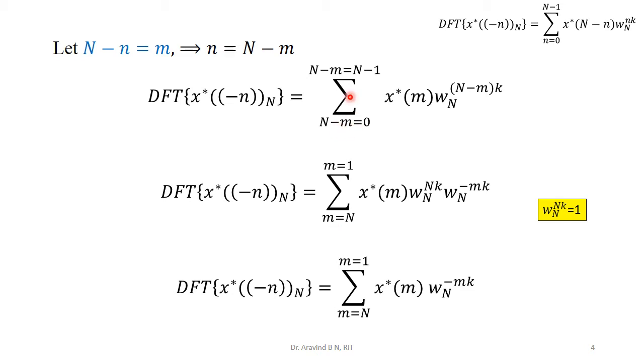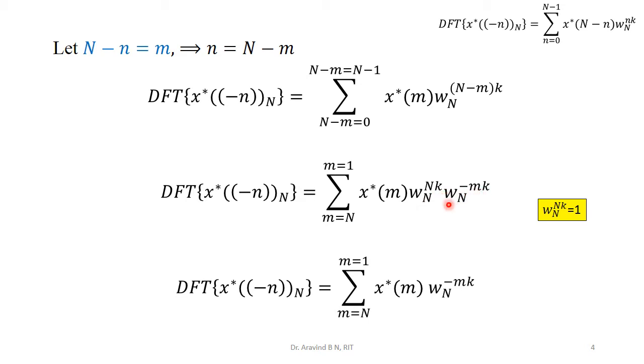After simplifying these representations, we are going to get this one, m is equal to capital N up to 1 x conjugate of m. Expanding this twiddle factor, we are going to get omega N nk into omega N minus mk.